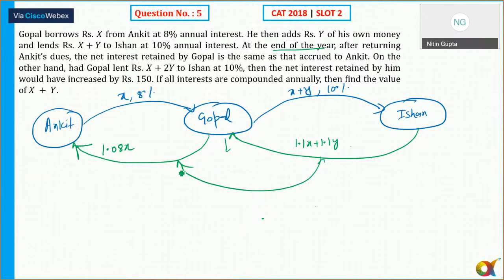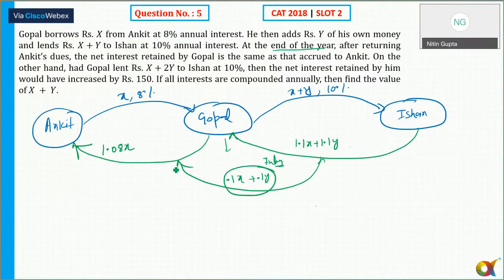So after returning Ankit's dues, the net interest retained by Gopal here. Remember how much interest Gopal has received from Isan. The interest received from Isan is equal to 0.1x plus 0.1y. Yes or no? This is the interest received by Gopal.